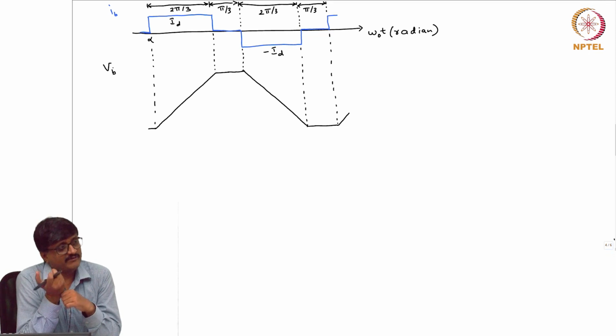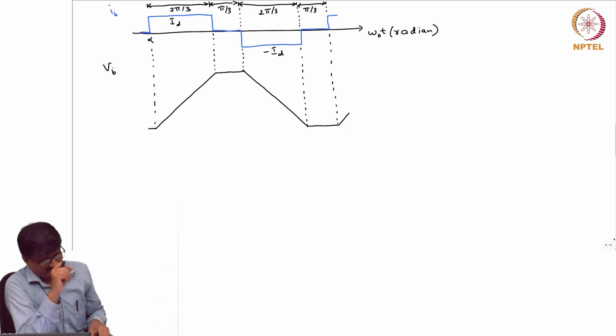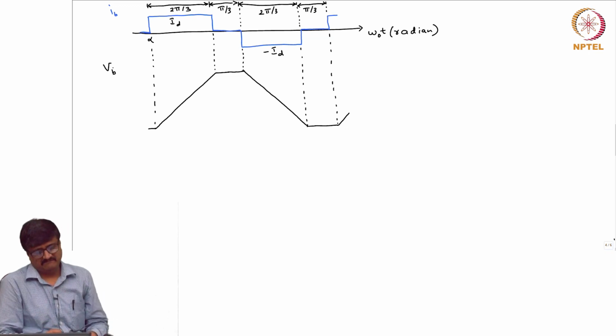When in steady state, what should be the average? Actually, the average will be 0. Why? Because Q is equal to CV and the charge is current into time. We see that the same amount of charge is getting into the capacitor and the same amount is coming out.